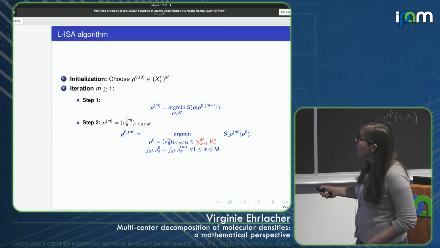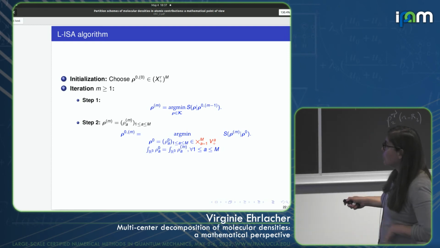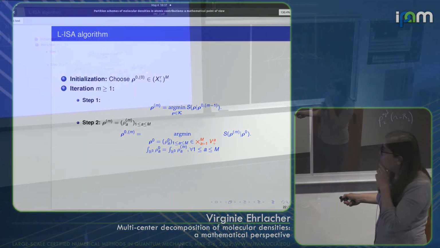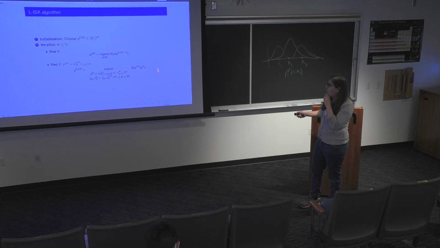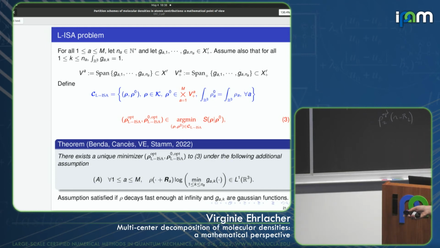the LISA algorithm, which is also an alternated direction minimization algorithm, and it writes as follows. And here it's still a fixed point iteration. The only difference is in step 2 of the algorithm. When you compute the radially symmetric functions, you only look at them as solutions of these minimization problems, and they will not be any radially symmetric functions, but they will belong only to this Cartesian product set, defined by means of this Gaussian basis set.